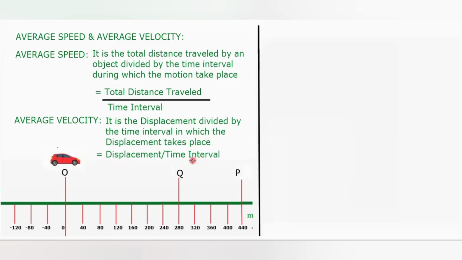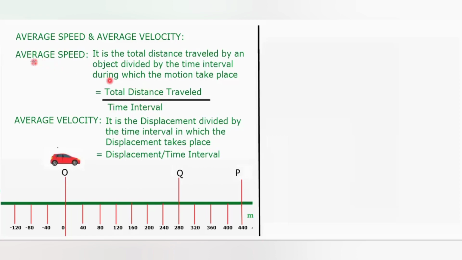This is not necessarily the same. That means average speed is not necessarily the same as average velocity. Here we know that displacement is a vector quantity, it has direction, but distance is a scalar quantity.